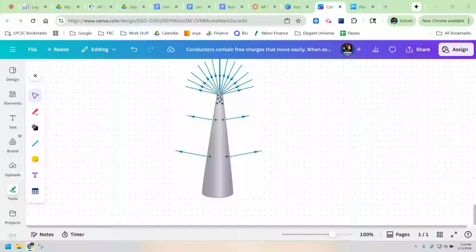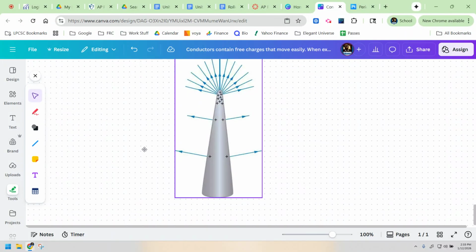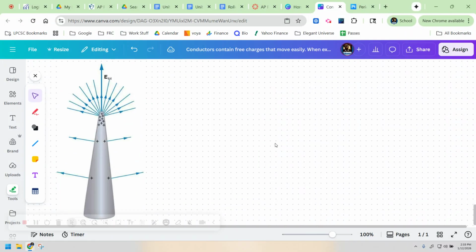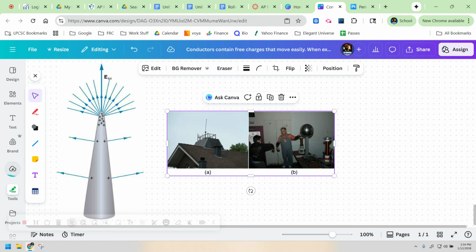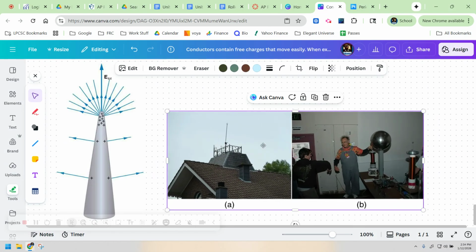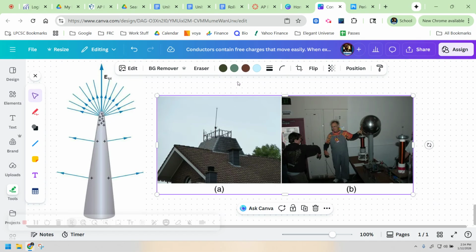Let me show you what I mean. I'm talking about a lightning rod on top of your house, and also a transmitter. If you have a conductor like this on the top, it creates a path for those charges to flow.